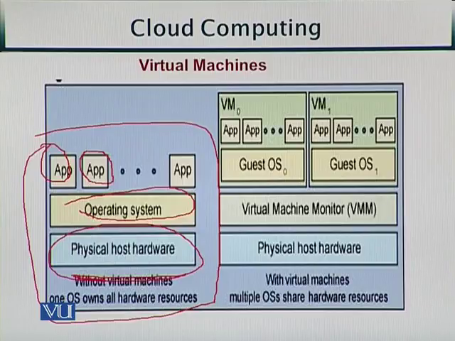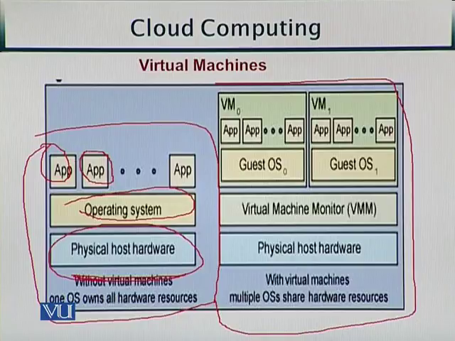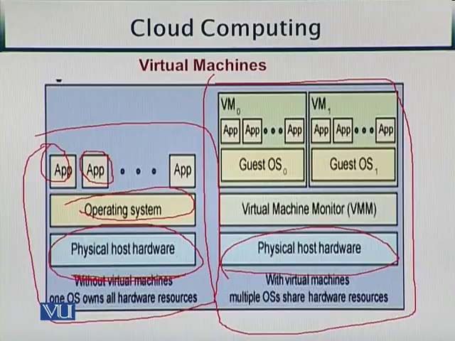On the other hand, there is the virtual machine, which is shown on the right hand side. The difference is that we have the same physical host hardware, but then we have a virtual machine monitor. This virtual machine monitor is responsible for hosting different guest operating systems. So this one is the 0th operating system, and this one is the first operating system.